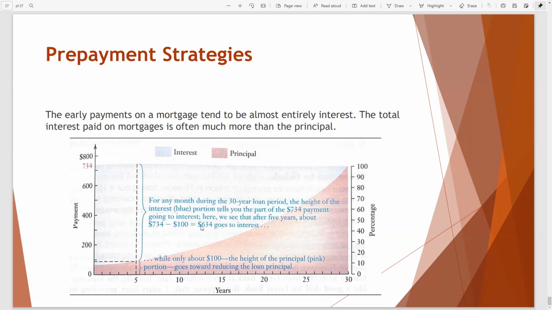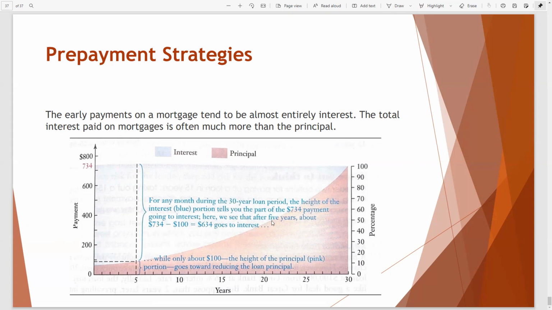But if you're making a lump sum payment, for instance, $20,000 of lump sum, other than the $634 of interest, the rest of your 20,000 will go all the way to the principal, right?